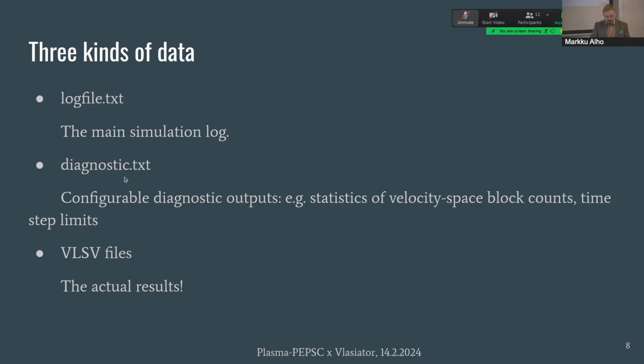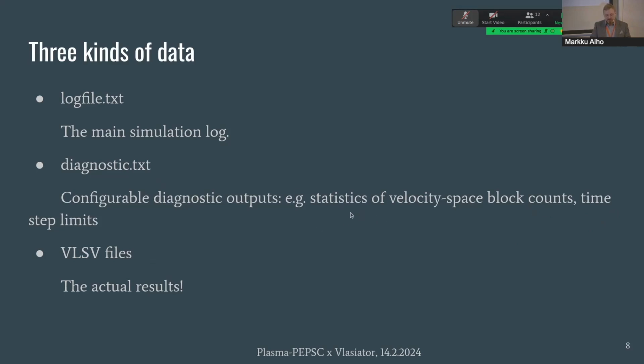And then we have a diagnostic file that you can configure with the config file. So you can get statistics of how many velocity space blocks you have: min, max, and average. Timestep limits. You can indeed select what you want there.